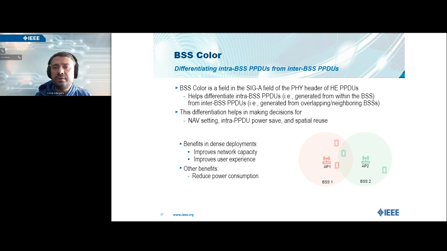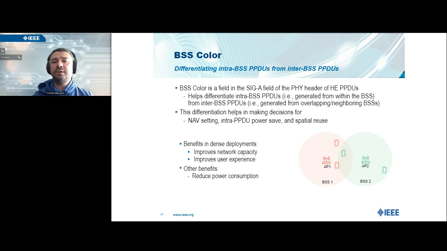So if you think of it, even from a color representation, if you are a station that is operating in AP1, you would have color red, which would be identified, let's say, by BSS color value 1, and then AP2 color green, that would be identified by BSS color 2.